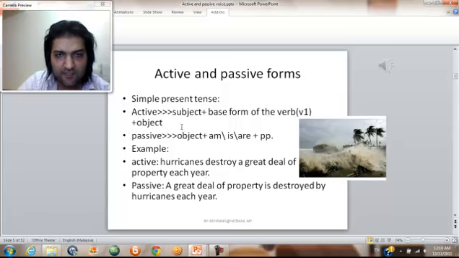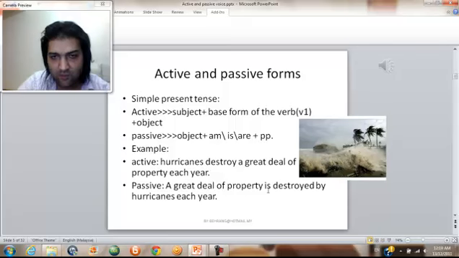To make this simple present active sentence passive, we have to find the object and put it in the position of the subject. What was the object? Hurricanes is the subject, destroy is the verb, a great deal of property is the object. Now the object comes first: a great deal of property, then a form of be, is.